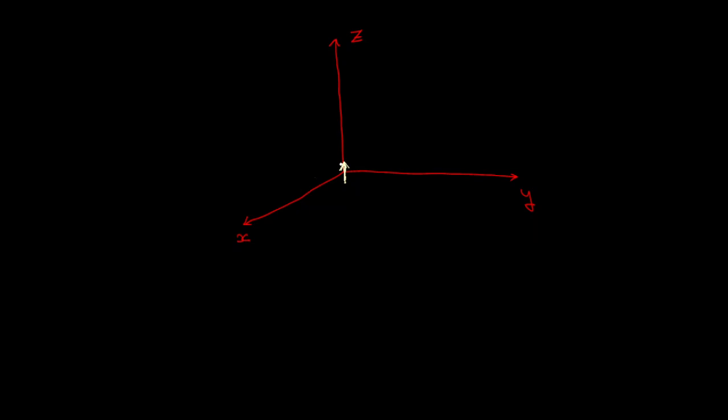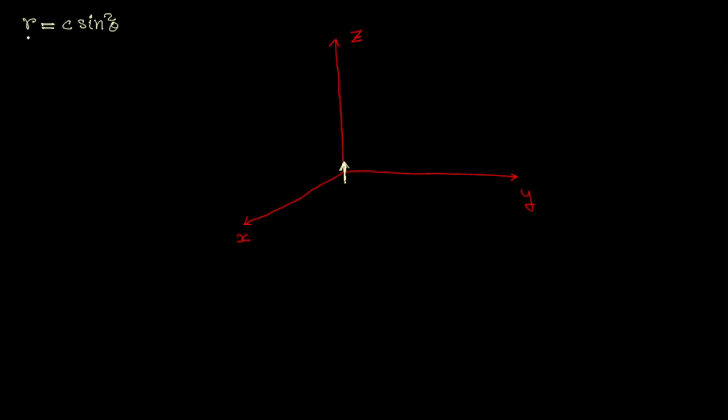Now we have to draw the electric field lines associated with the dipole, and we already found the equation of these electric field lines, which is r equals some constant c into sin square theta, where in this case the constant can have any value from 0 to infinity.